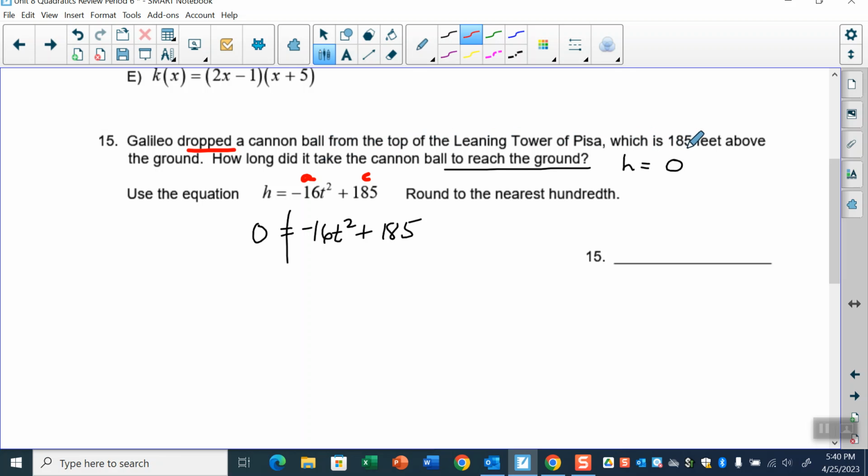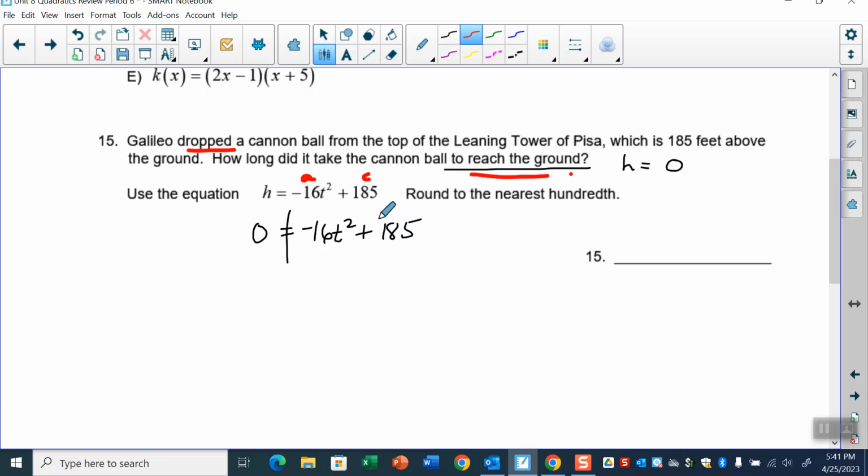So it's 185 feet above, so that is my C. It says, how long did it take the cannonball to reach the ground? So if you're reaching the ground, then your height is 0. So you put 0 in for H, and then you just are going to solve for T, right?